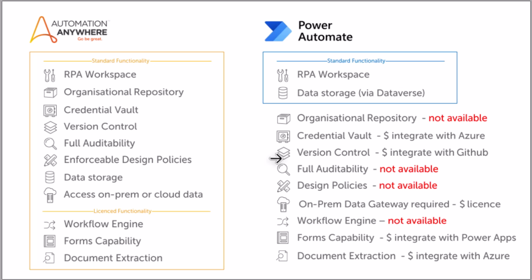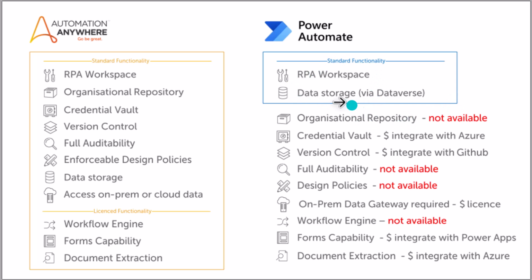Most of the standard functionality is available as part of the standard package in Automation Anywhere: RPA workspace, organizational repository, credential vault, version control, auditing features, design policies, data storage, accessing on-prem or cloud data. All of these come as part of standard functionality in Automation Anywhere, whereas in Power Automate it is limited to RPA workspace and data storage.